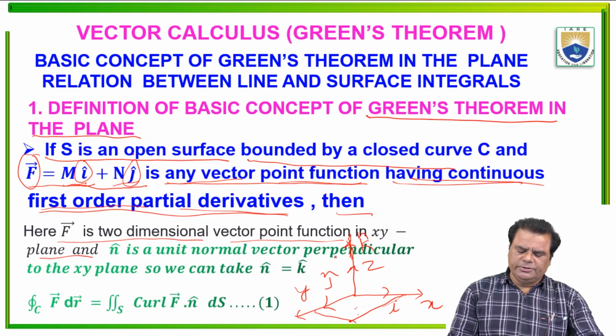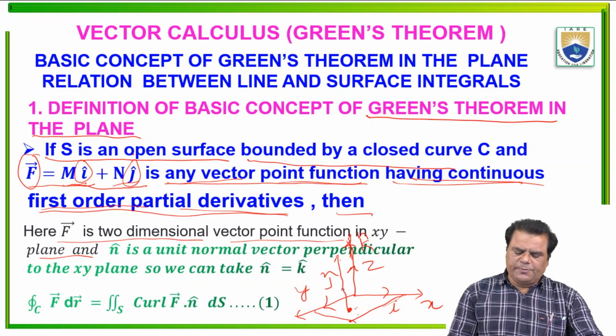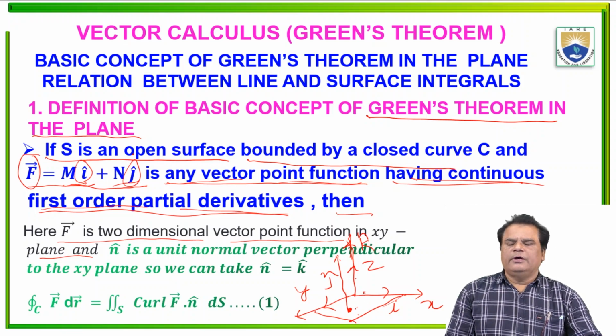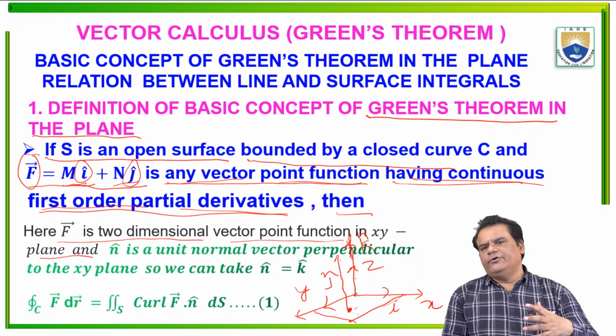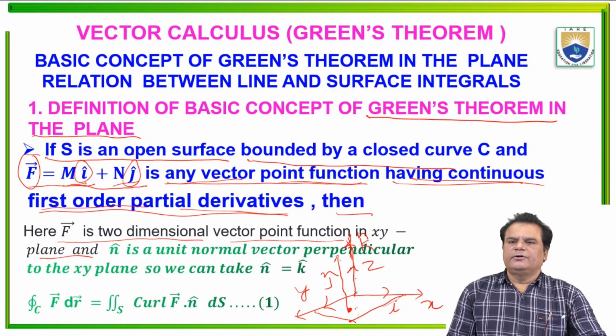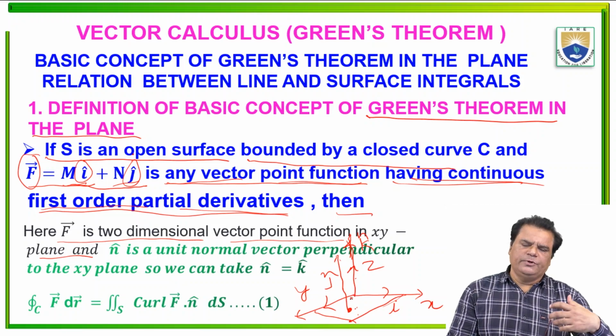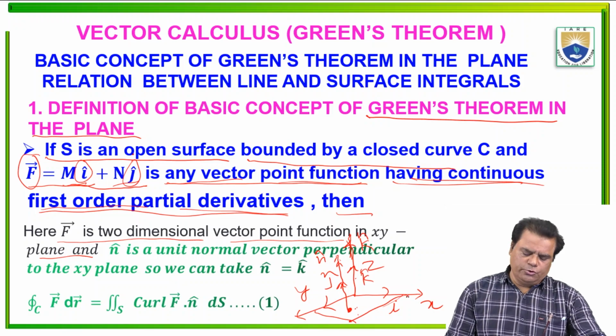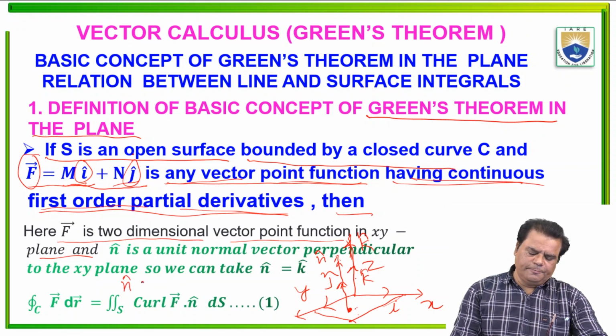This is perpendicular to the z-axis. A vector which is perpendicular to the xy plane is known as a unit normal vector. This is n cap, and this is k cap. So n cap equal to k cap.